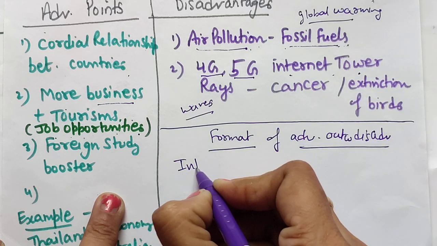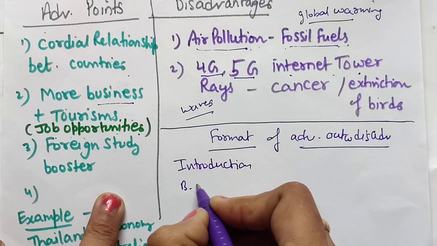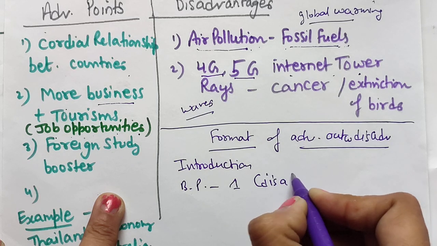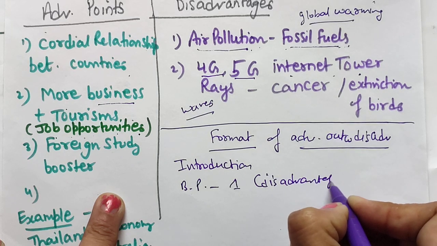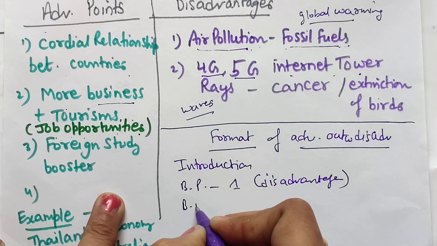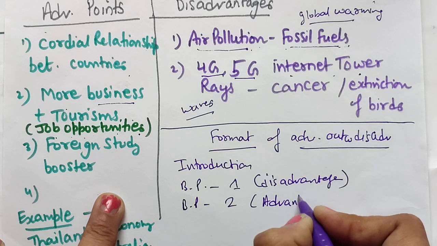First, of course, introduction. Body paragraph 1, you will be writing disadvantages first. Okay, so I will tell you another way also. BP2, you will be telling advantages.